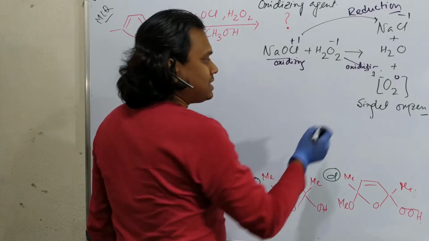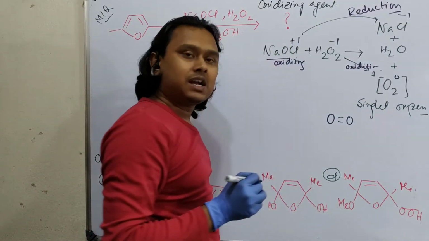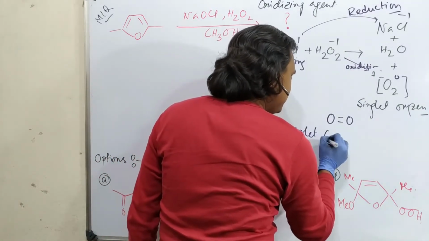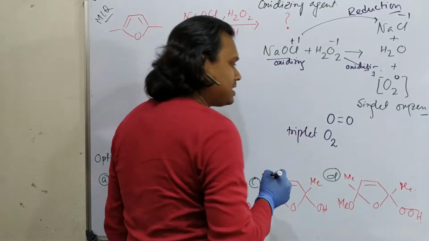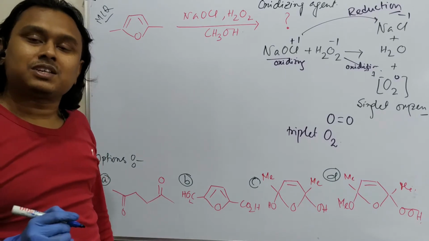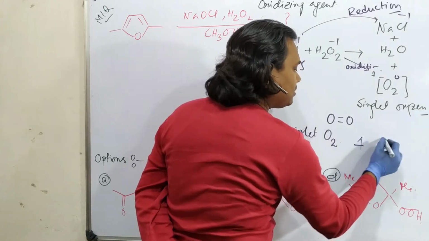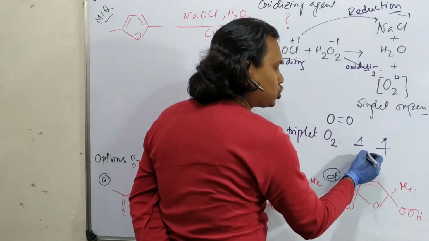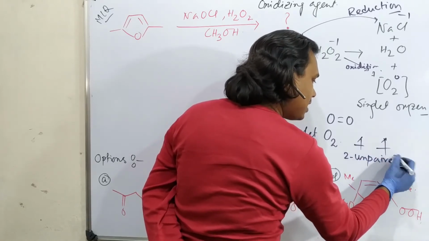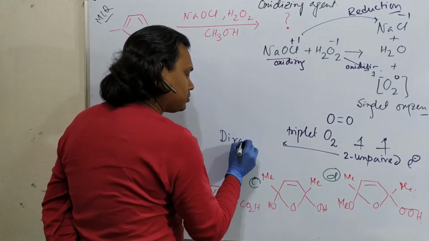What do we mean? You may consider it an O=O diradical. In the atmosphere, what we find is triplet oxygen. Triplet oxygen means the last two electrons of oxygen go to the pi star orbitals, and those two pi star orbitals remain in this way, so two unpaired electrons. Sometimes they are called diradicals also.